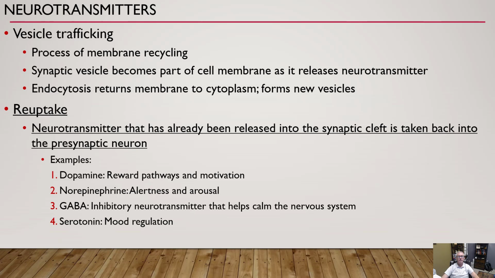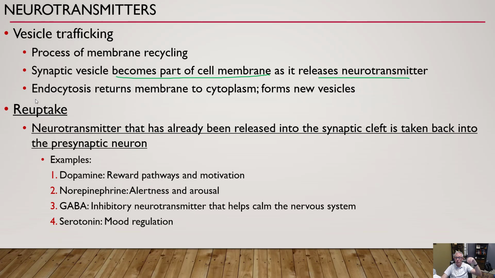All right, vesicle trafficking. I've mentioned this before. Vesicles fuse with the cell membrane and dump out their contents by exocytosis, and that synaptic vesicle becomes part of the cell membrane.